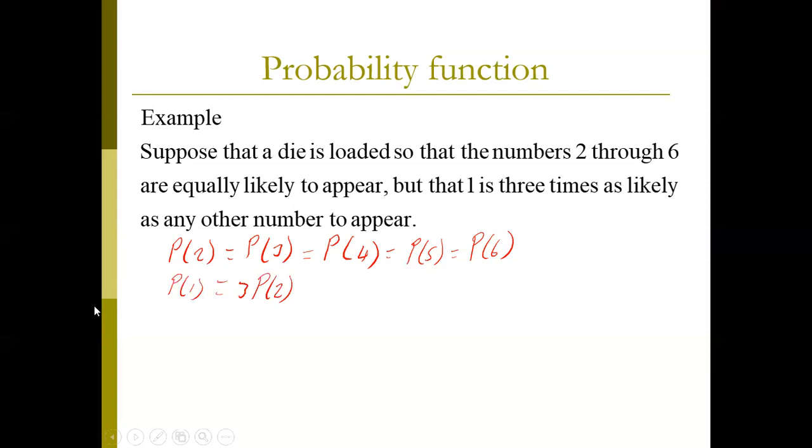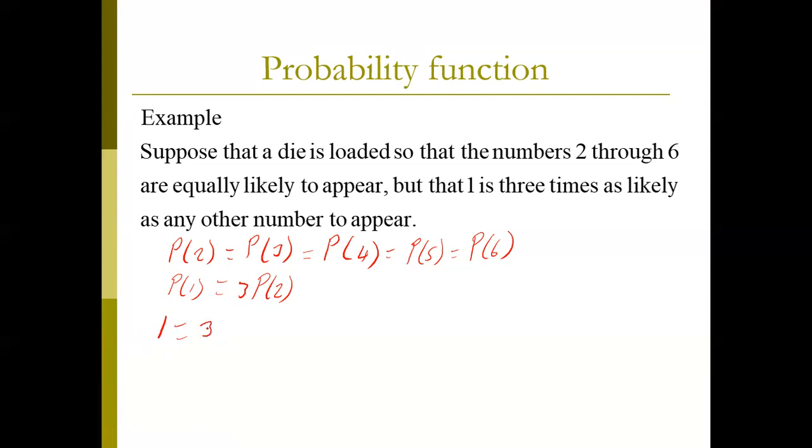Since all the probabilities should add up to 1, we're saying that 1 should be equal to the probability of 1. Let's start with that. I'm going to write everything in terms of 2.